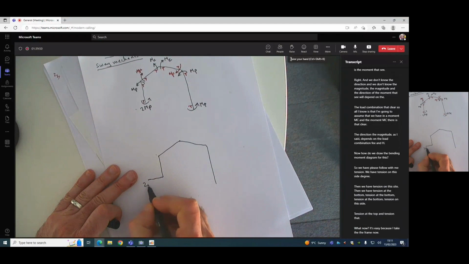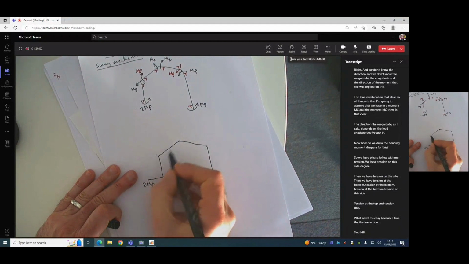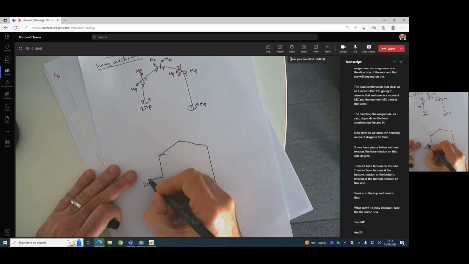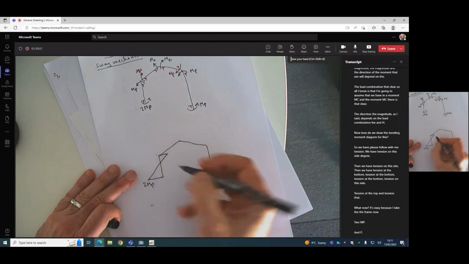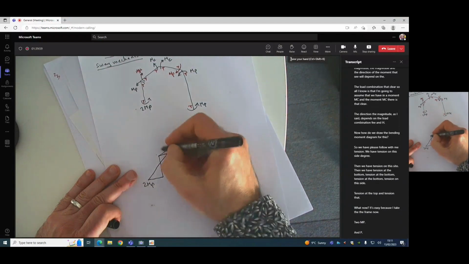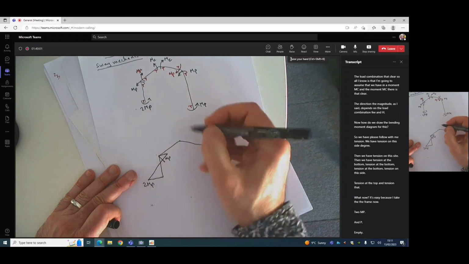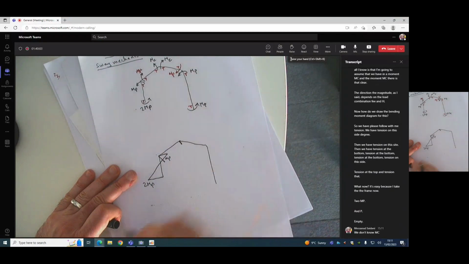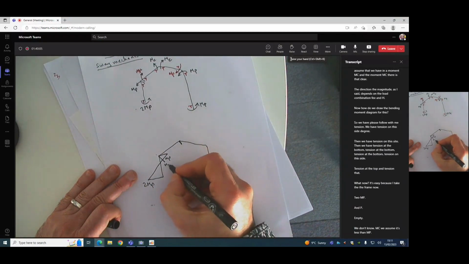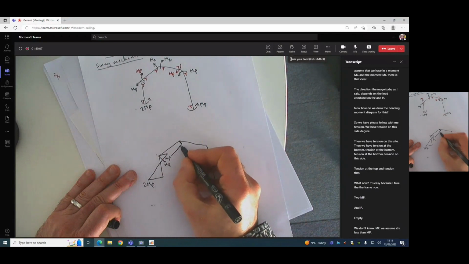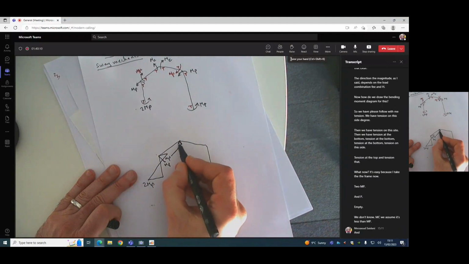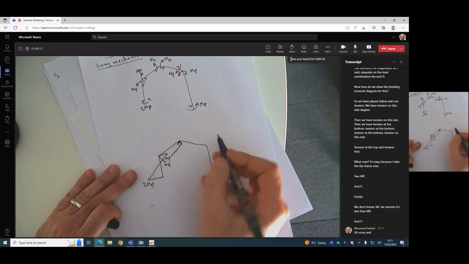Right? Now it's easy because I take the frame now. Two MP, MP, MP. We don't know MC. We assume it's less than MP. MP. Sorry, MC. MP.